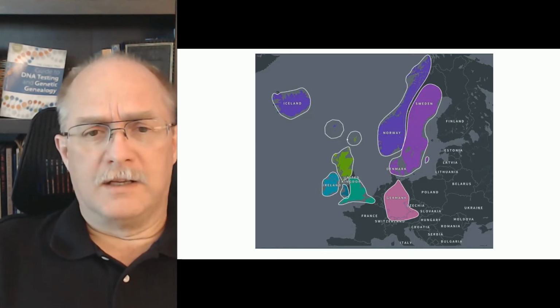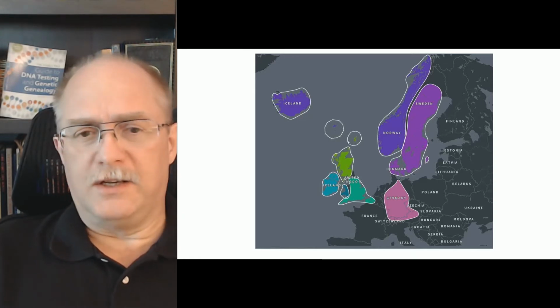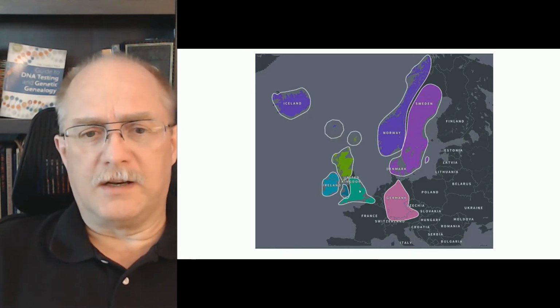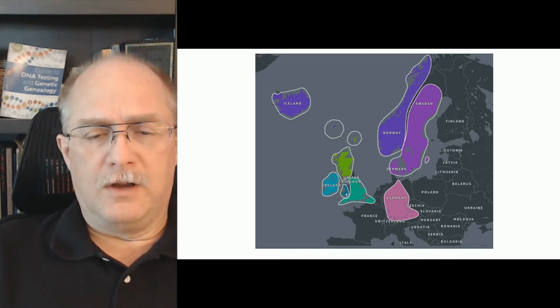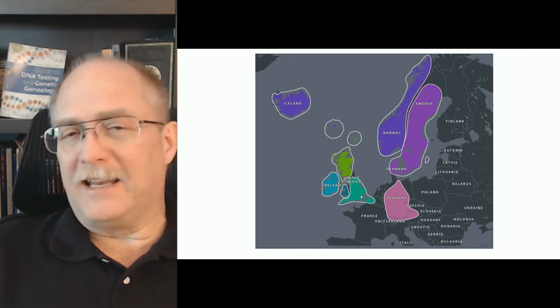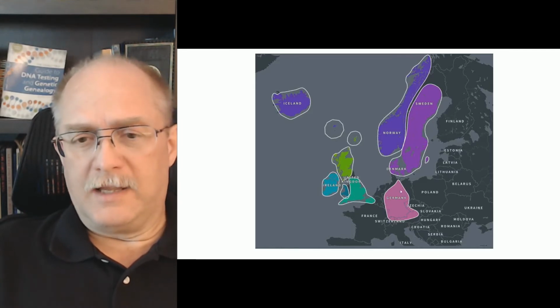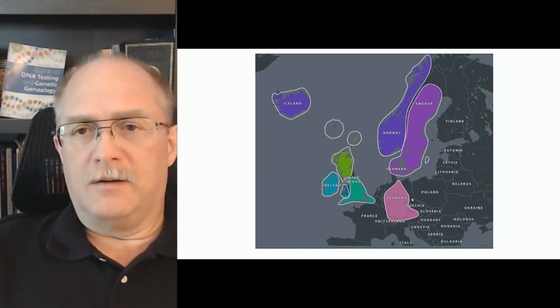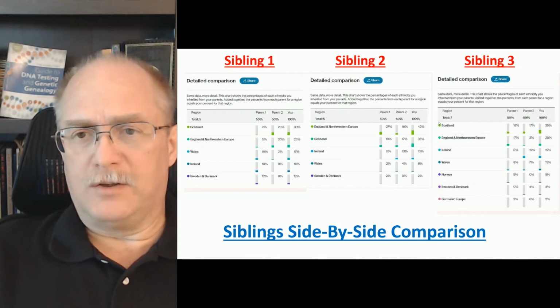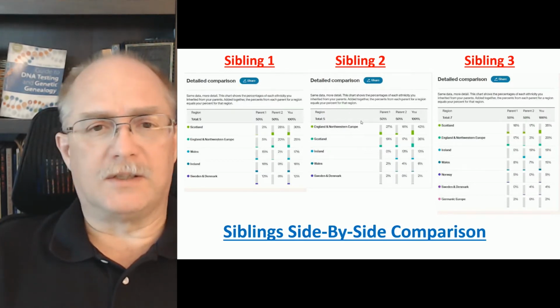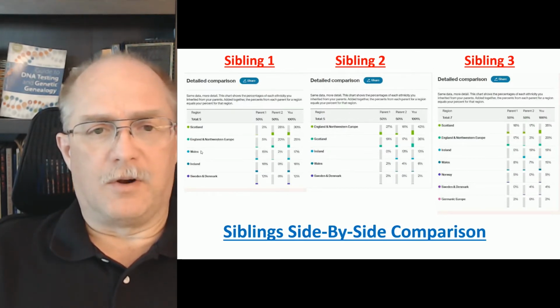And then you have Scotland here in this green section. You have Ireland, you have Wales, you have the United Kingdom, England, and Northwestern Europe here, and then Germanic. When you look at this page, this represents all of these regions and what's across all of these 3 siblings.